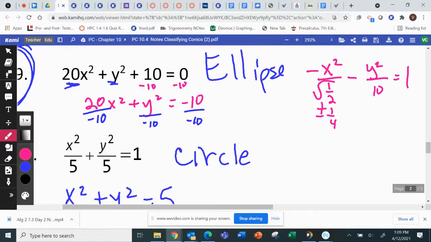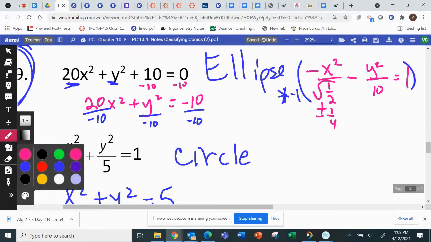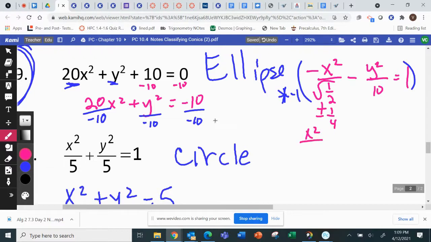So in order to get rid of that negative, I'm going to multiply both sides by -1. That makes positive x squared over a half plus y squared over 10, but then it equals -1. So now I can't have it equal to -1. If I graph this, nothing will show up, and this is why.